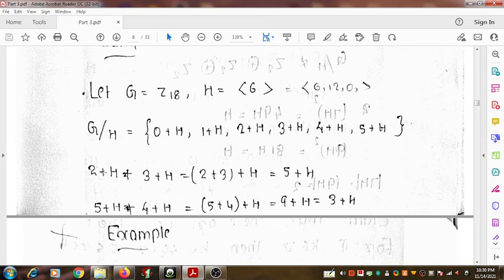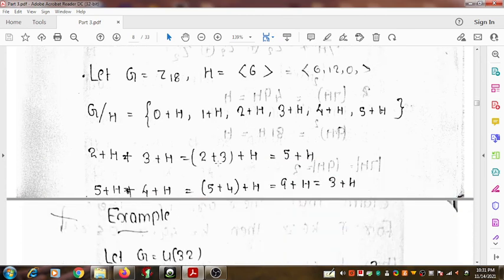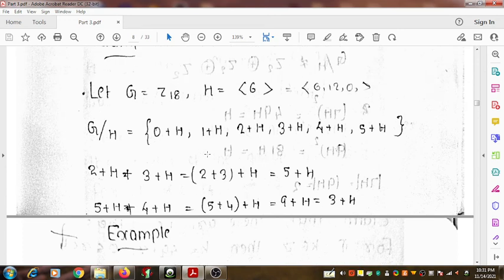So these are not two different elements, it's a single element. Okay, so this single element plus the second single element, that is 3 plus H, can also be put in a bracket. So they can be combined to give us 2 plus 3. These two numbers can be added: (2 plus H) plus (3 plus H) equals 5 plus H. So this way very clearly we can define the binary operation, and also we can show that the binary operation is well defined.